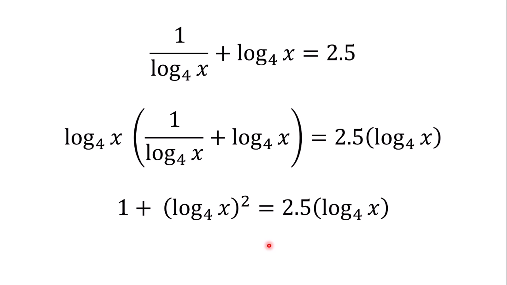What are we going to do here? Well, we are having log of x to the base of 4 here, and also we are having log of x to the base of 4 here. So what we are going to do is substitution. We're going to find another variable to replace this one. The motive is that with this, finding the value of x will be a little bit difficult, or there is no way we can manipulate this to get the value of x right from here.